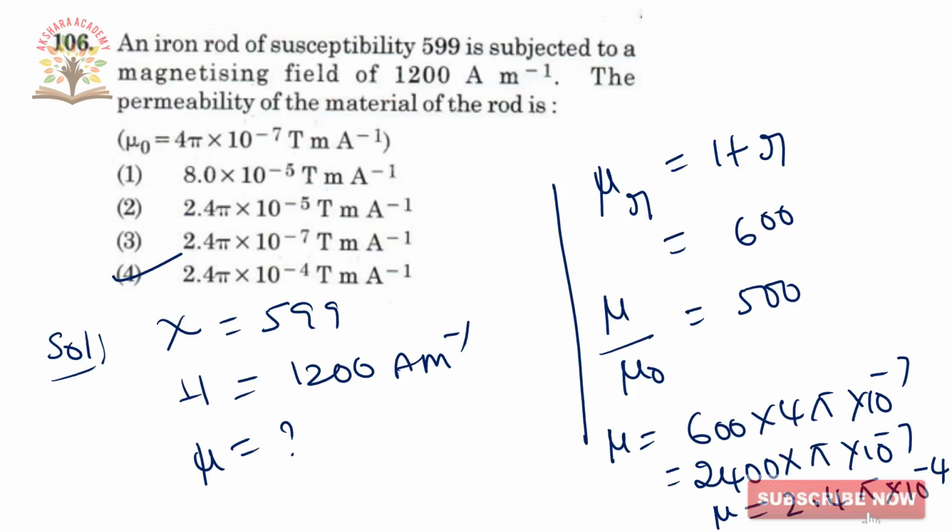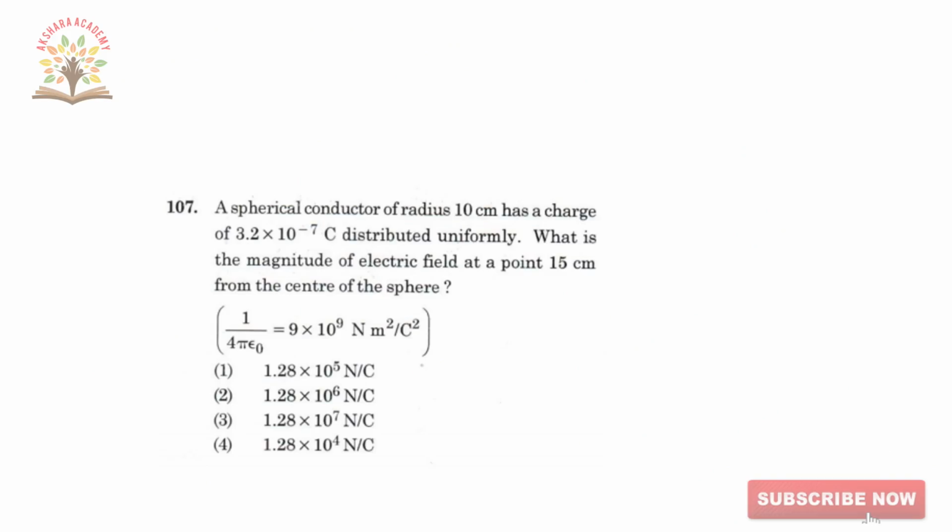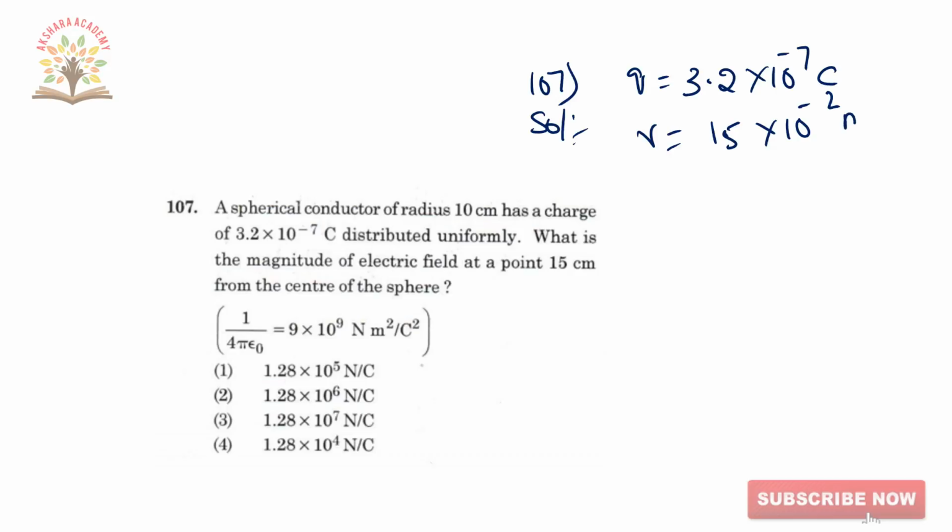Next we are going to the 107 question. In this question, a spherical conductor. Here we are writing the solution. Q is equal to 3.2 into 10 to the power of minus 7 C, and R is equal to 115 into 10 to the power of minus 2 meters, and R is equal to 10 centimeters. E is equal to 1 by 4 pi epsilon naught Q by R square.